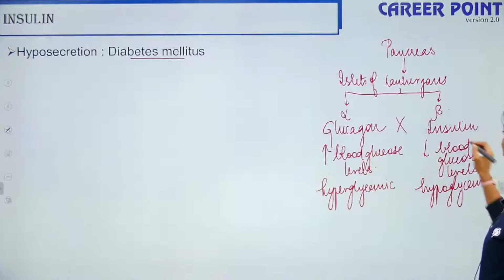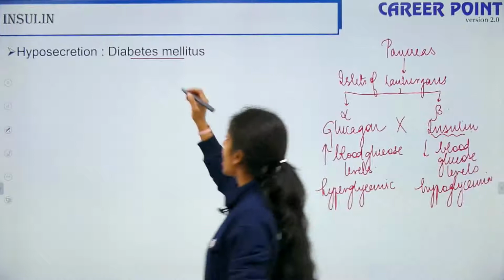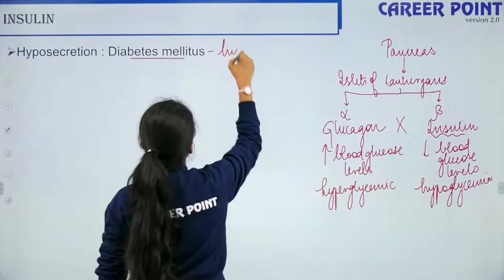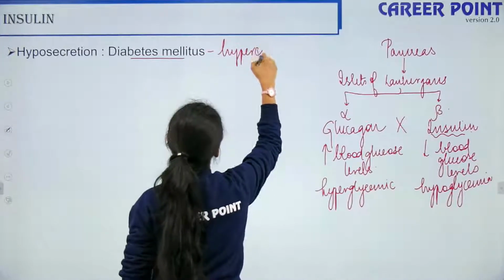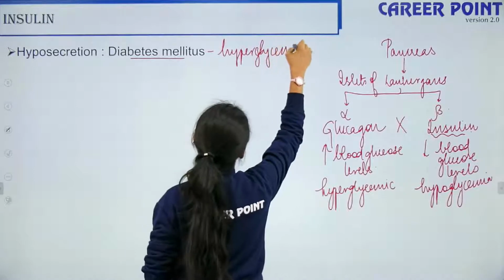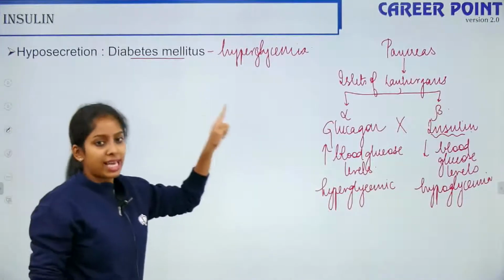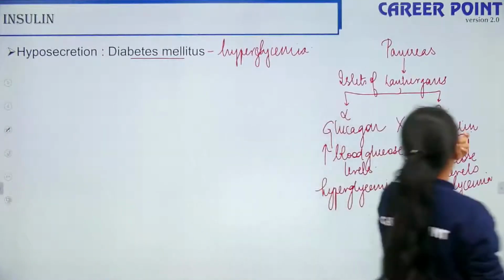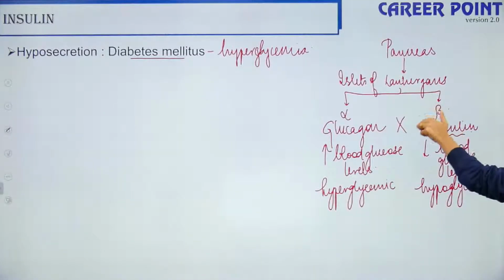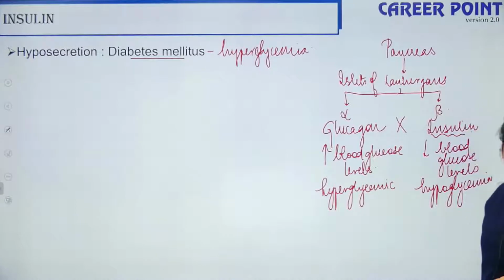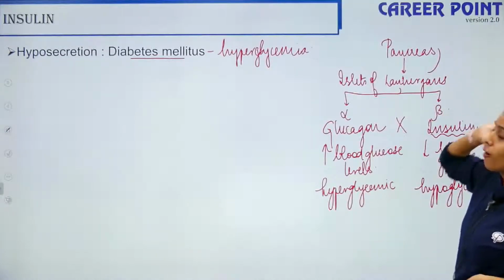If you have a deficiency or less secretion of insulin, it leads to diabetes mellitus. Meaning, in diabetes mellitus you have a hyperglycemic level, an increased blood glucose level. Insulin is a hormone secreted by the beta cells of the islets of Langerhans, which is present inside your pancreas.